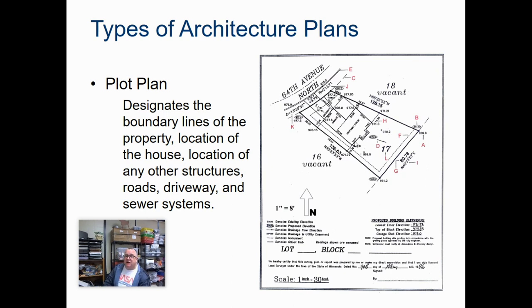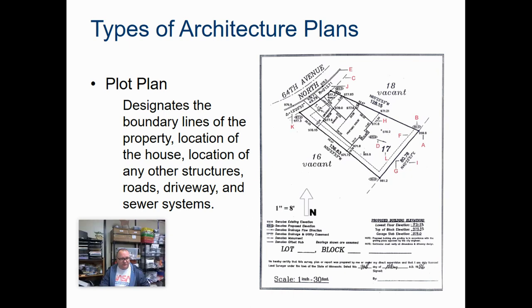But those are pipes that show the surveyor where your property starts and where it ends. So I think it's kind of cool. I got one of these. It also has my tax number on it, tells me my subdivision and what lot number I'm on, that kind of deal.